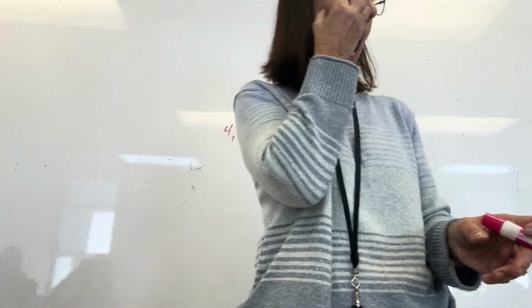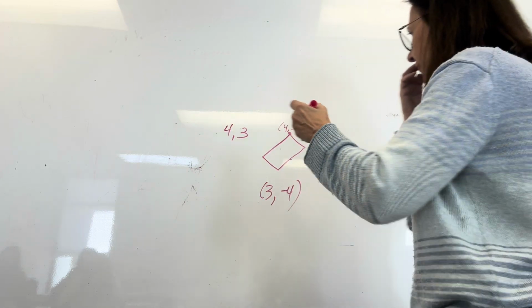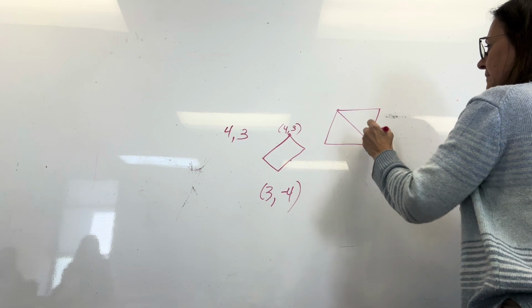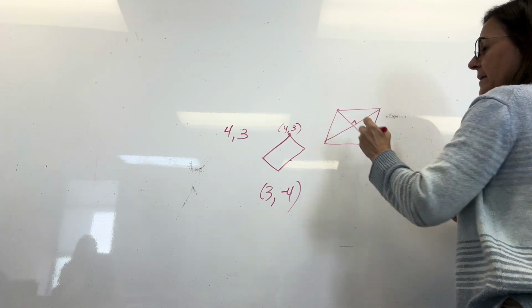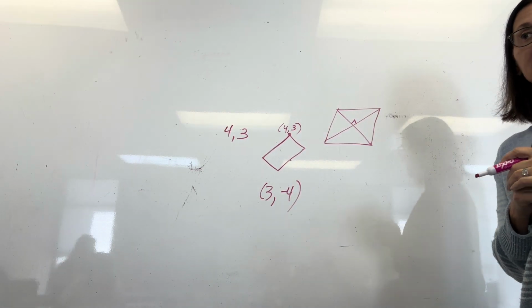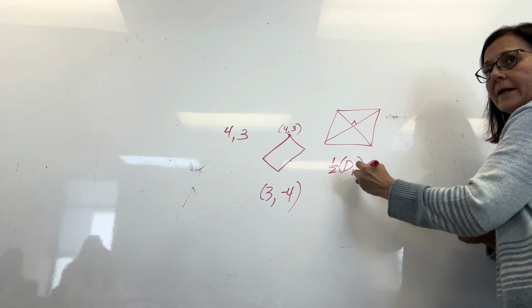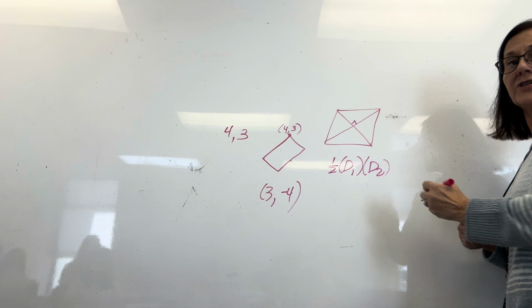And we'll have to stop here. I want to say one other thing about rhombuses. Do y'all remember rhombus? Don't forget a rhombus. What is the area of a rhombus? It's 1/2 diagonal 1 times diagonal 2.